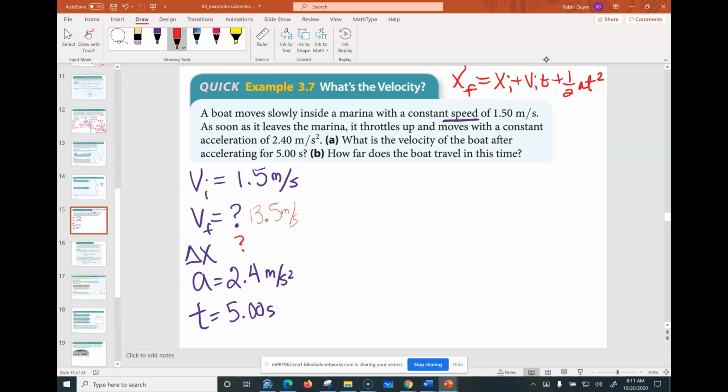Do me a favor, subtract xi from both sides. These guys go away, right? What's xf minus xi? What's final position minus initial position? It's displacement. So you could see these equations either way.